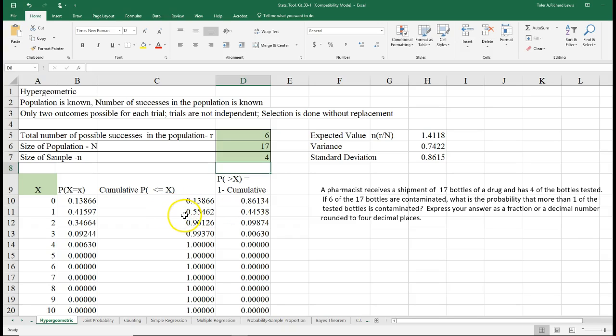So if we take this 0.55462, which is less than or equal to 1, and subtract that from 1, then we have a probability of 0.44538, or to 4 decimal places, 0.4454.